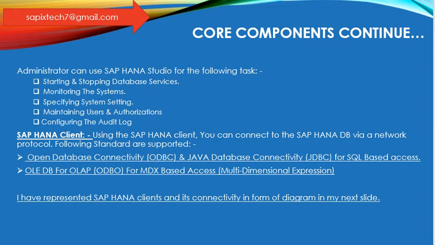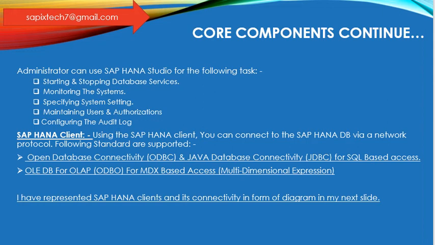Now HANA client. So what is HANA client? HANA client is what we use to access our HANA database. There are multiple mediums by which you can access your HANA DB. For example, you can access your HANA DB through a web application, through the SAP ABAP development tool, or through the BW system.